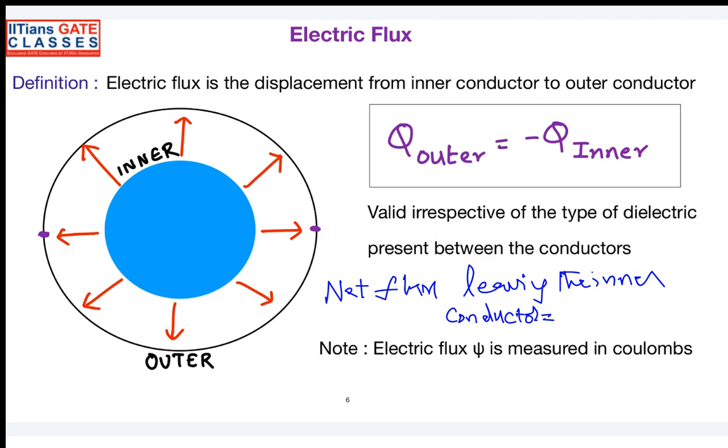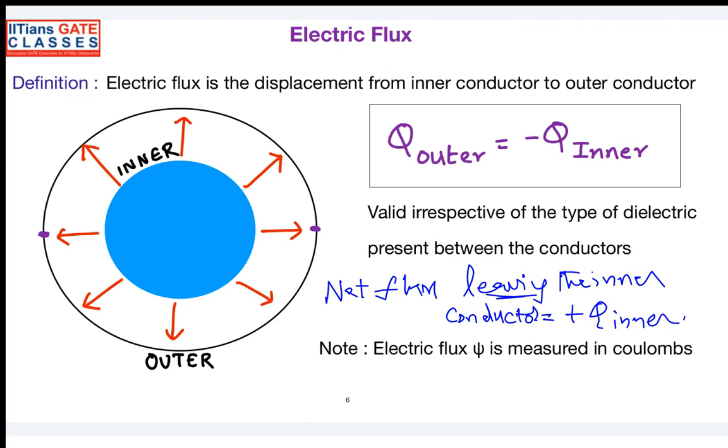Sometimes in questions they will ask something like this, with three concentric spheres. When you want to find the net flux leaving the outer conductor, you should not put minus Q inner. If they say find the charge on the outer conductor, then you put minus Q inner.